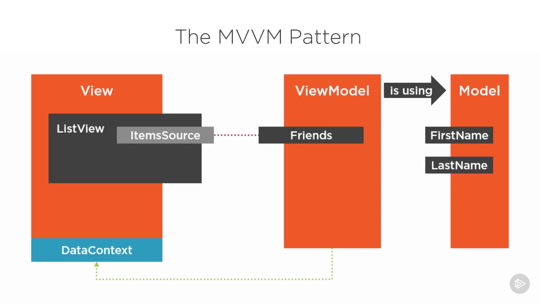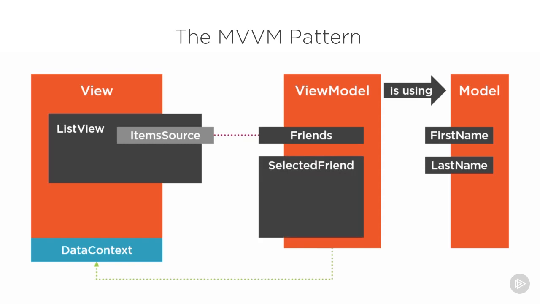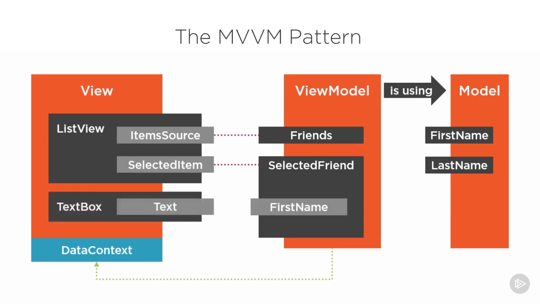In the view model we will also create a SelectedFriend property. We will bind the SelectedItem property of the ListView to that SelectedFriend property. So whenever the user selects another friend in the ListView, the SelectedFriend property of the view model is set. As a friend has again properties like first name, we can for example create a TextBox and bind its Text property to that FirstName property of the selected friend from the view model.